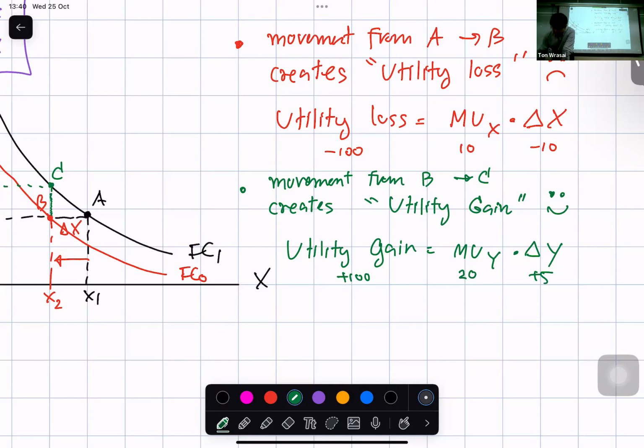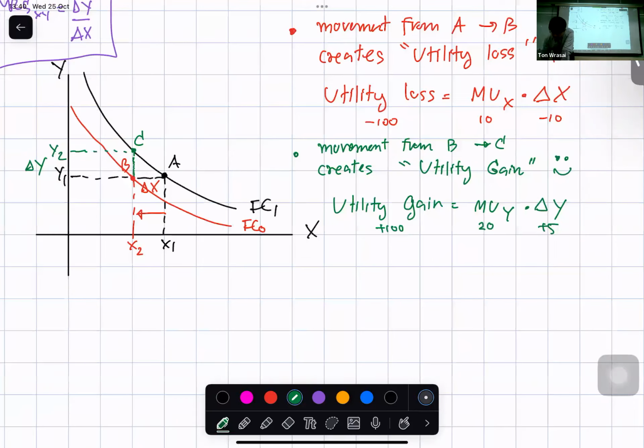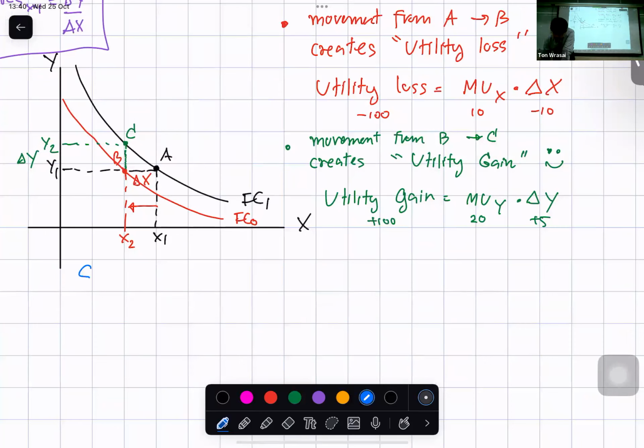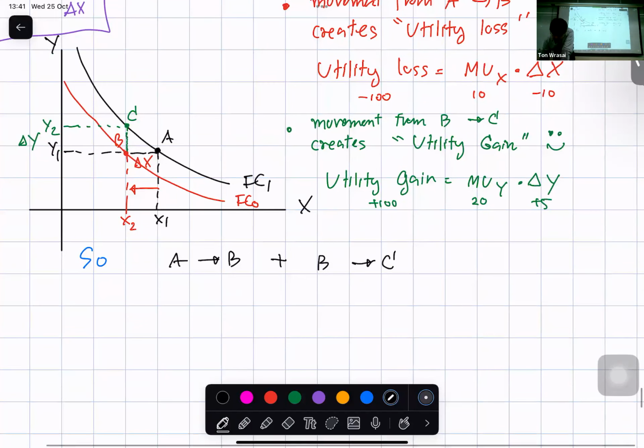Then what do we learn here? A to B creates a loss of 100. But then we bring him from B to C, creating a gain of 100.